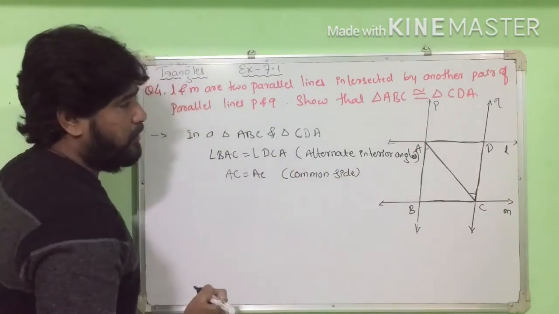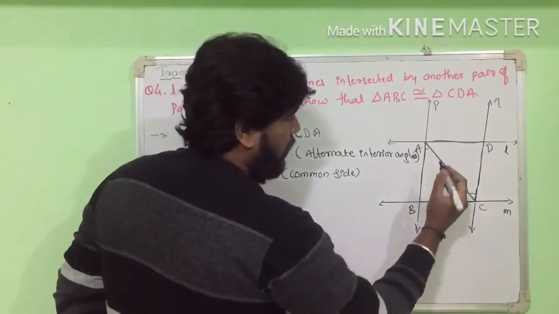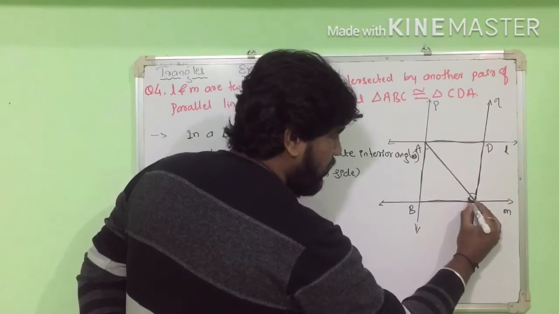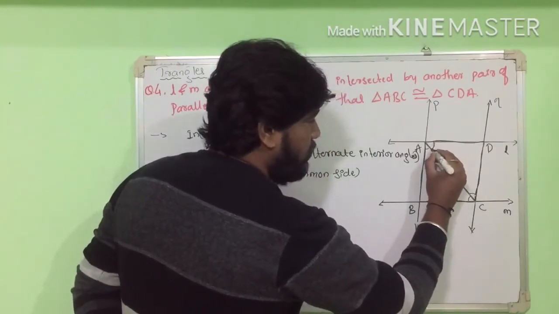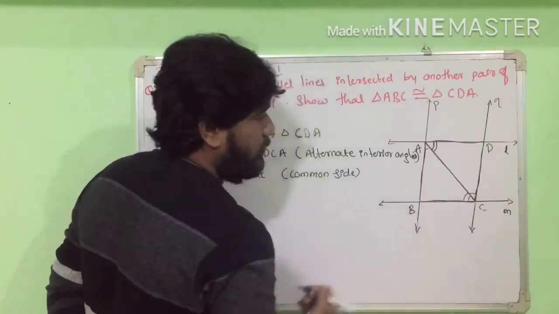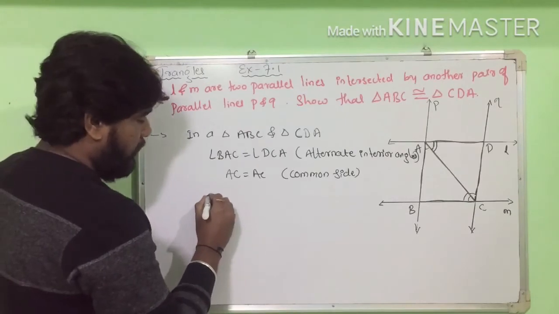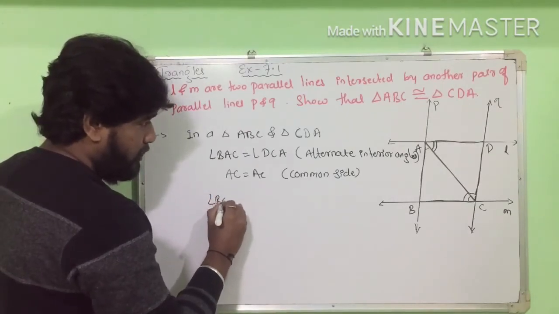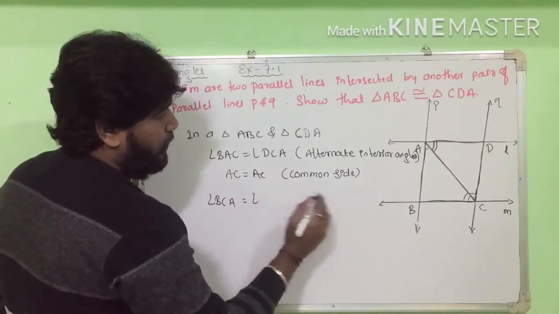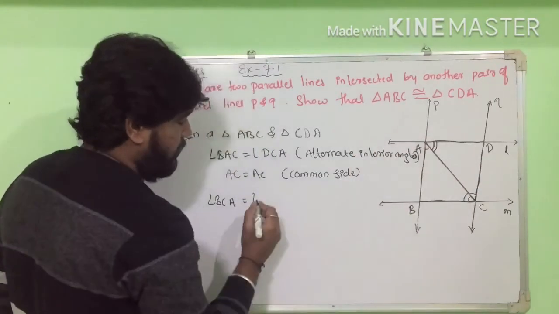And see here, L and M are parallel, right? So L, M and N are parallel. It means these two angles are equal, alternate interior. So we can write angle BCA is equal to angle DAC.